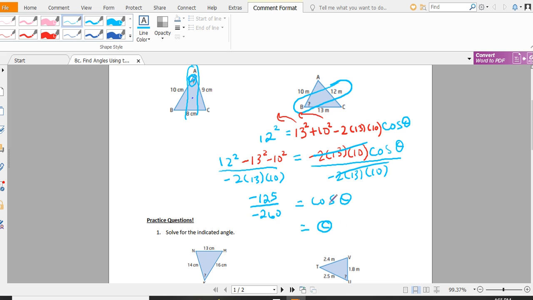But I think you get the idea that cos inverse would just cancel with that. So cos inverse of negative 125 over negative 260. So then theta is equal to 61.2. Therefore, the angle is 61.2 degrees.